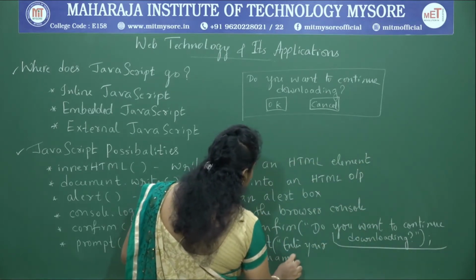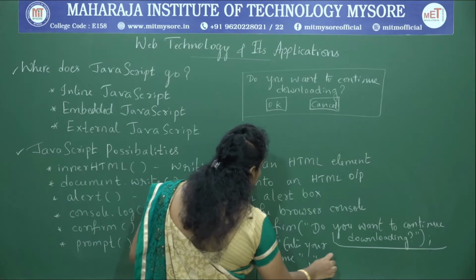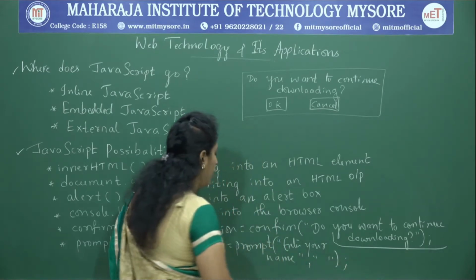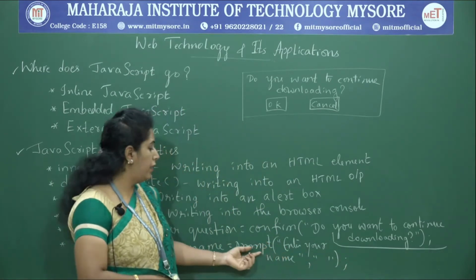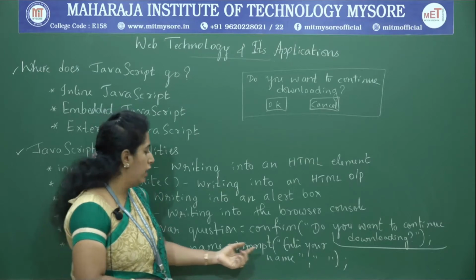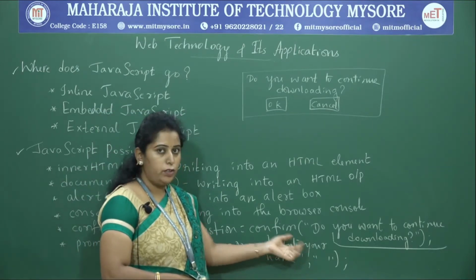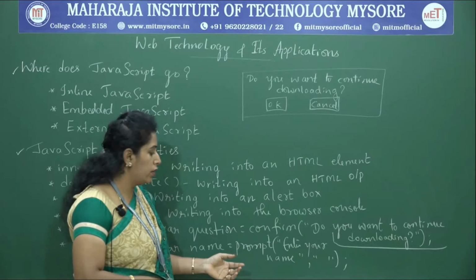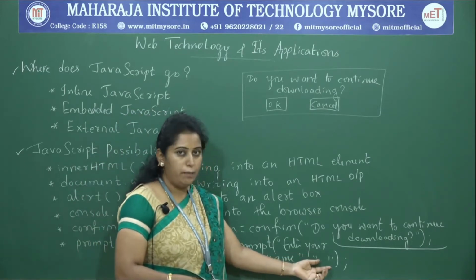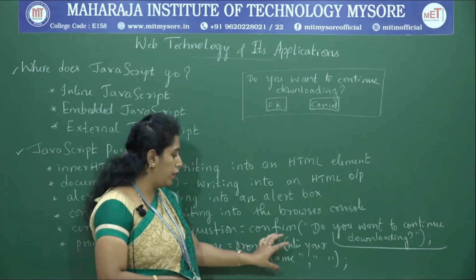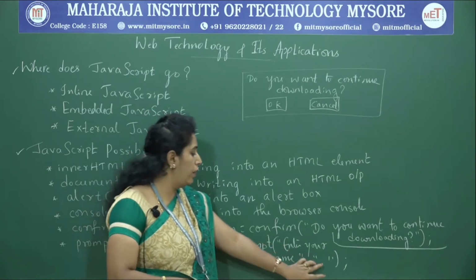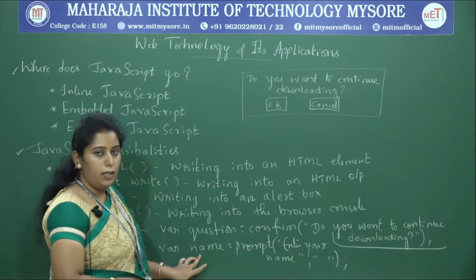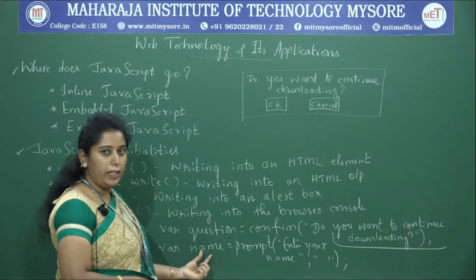The prompt method takes two arguments. First one is whatever you want to print on the screen, and the second one is empty, so that whatever you give as an input will be passed into this variable.